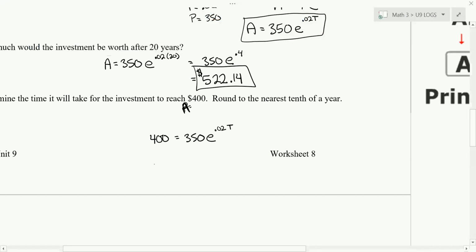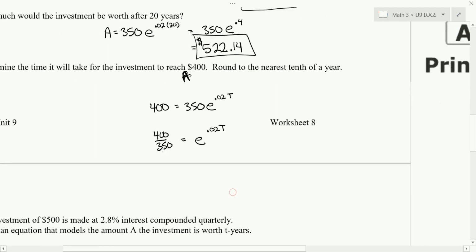So divide both sides by 350, you get 400 over 350 is e to the 0.02t. We can reduce our fraction, divide by 50, and we get 8 over 7 is equal to e to the power of 0.02t. So we want to solve for an exponent, and that's what logs are for.